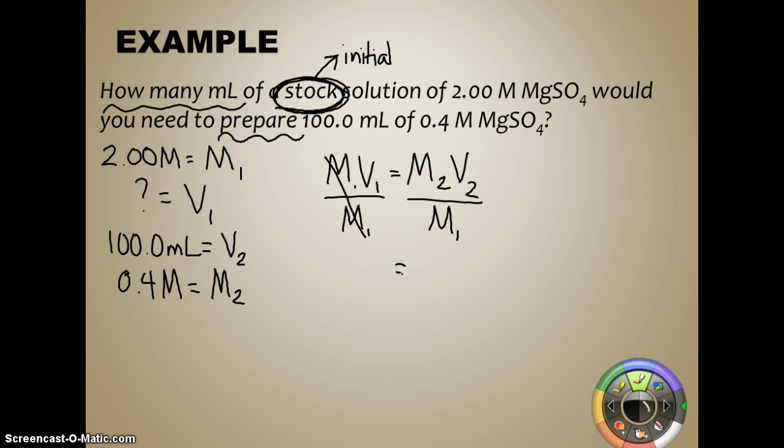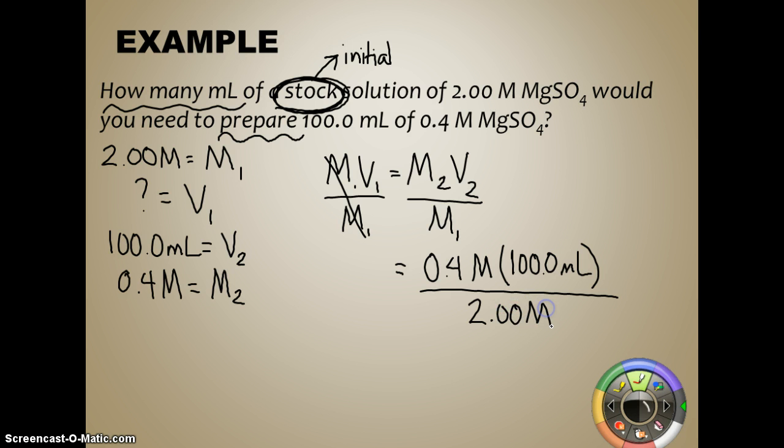So V1 is going to equal M2, which is 0.4 molar, times V2, which is 100 milliliters, divided by M1, which is 2.00 molar. So molar over molar cancels.